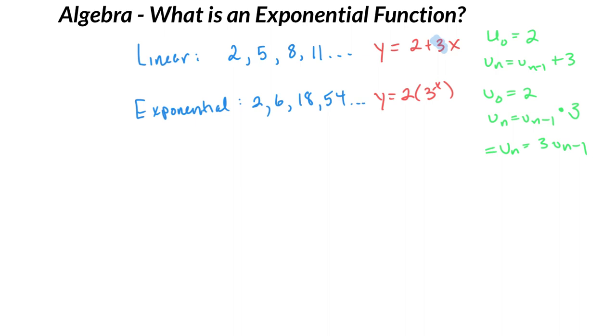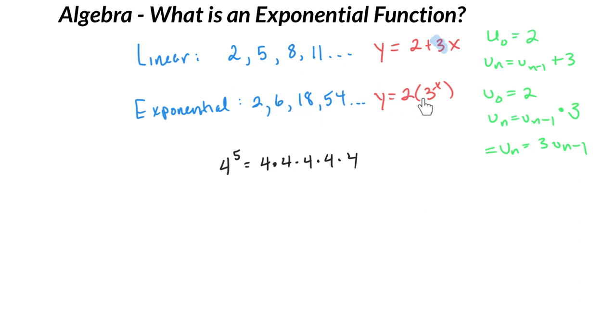And this really gets at what an exponent is. An exponent tells us how many times we're going to multiply. So for example, if I wrote 4 to the 5th, that would be saying I'm multiplying 4 5 times. Okay, so we're multiplying by 3 every time.